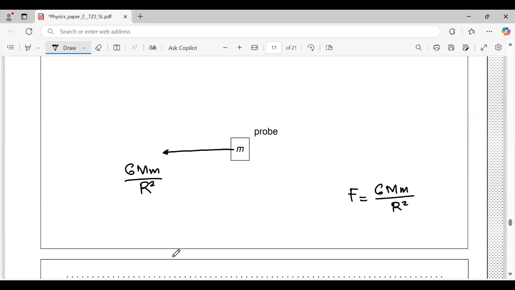The centrifugal force is given by m times omega squared times R. The normal force acts to the right. The normal force must balance the difference of the gravitational force and the centrifugal force.